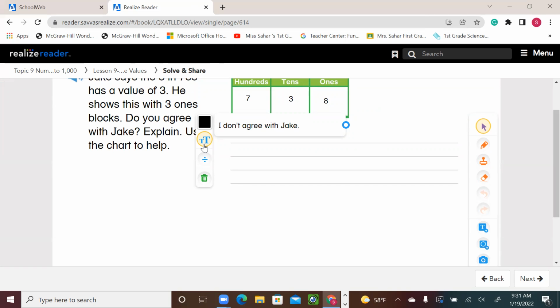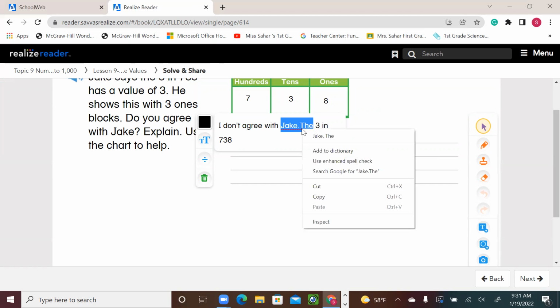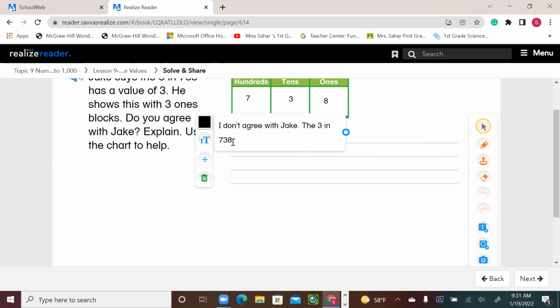I don't agree with Jake because the 3 in 738 is in the tens, which is 30. So this is the value.